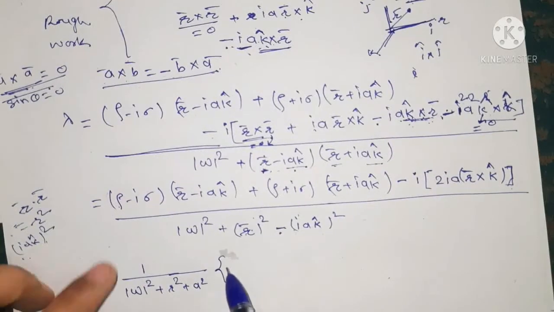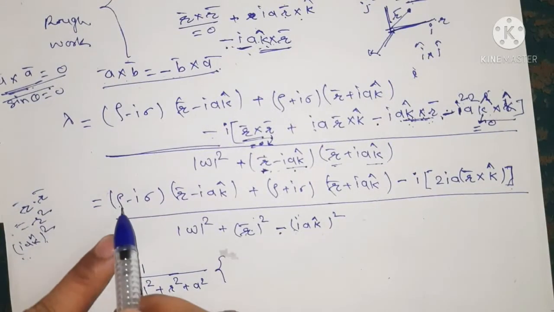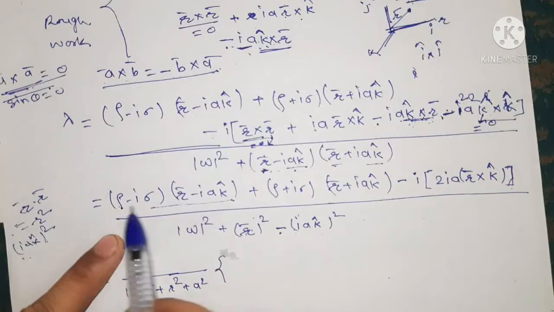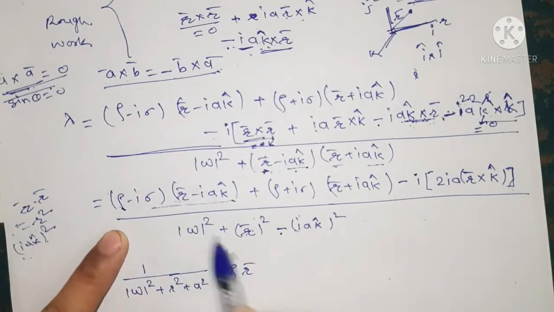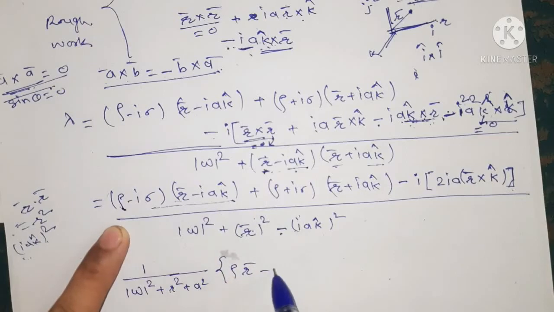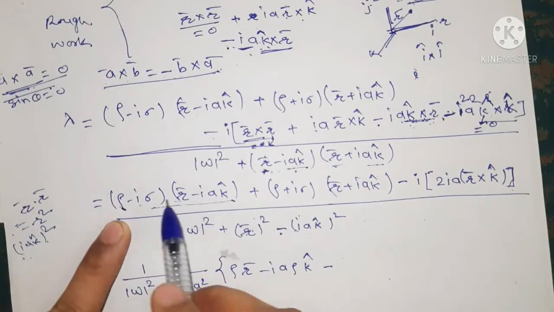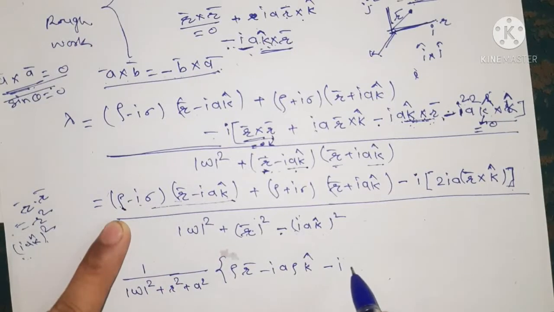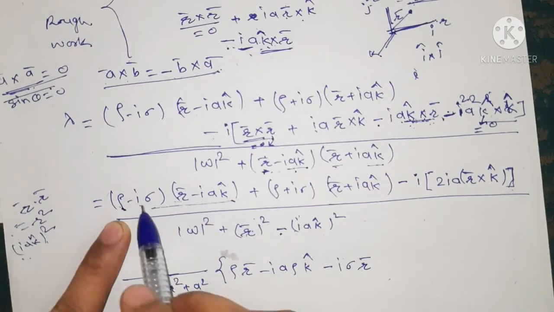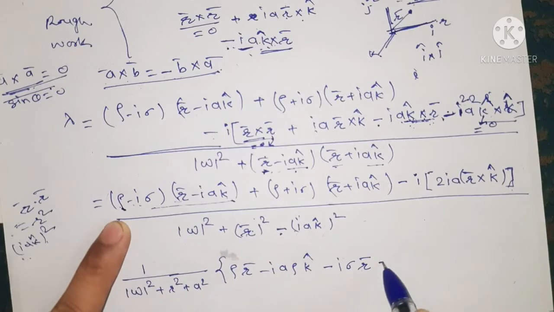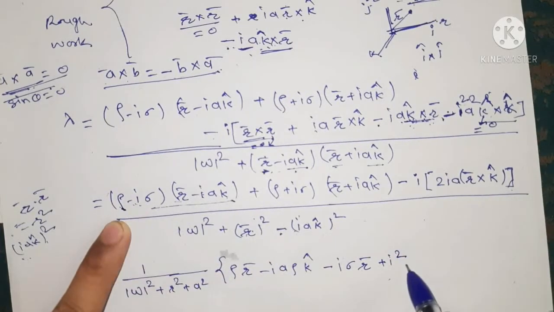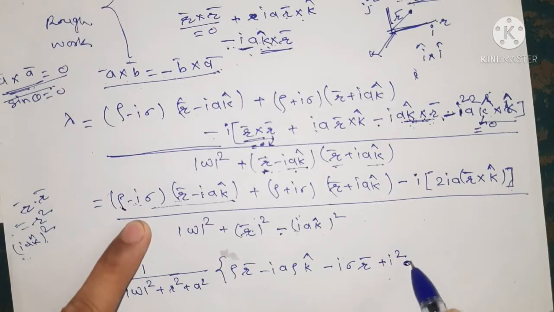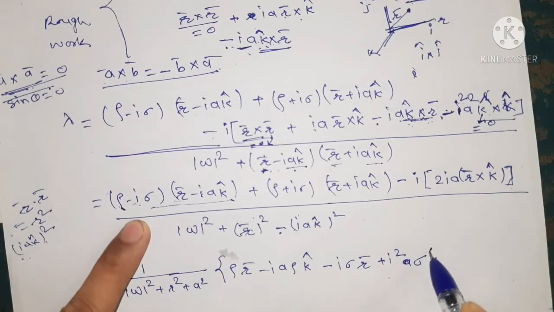So in the bracket, now we can multiply this rho to this bracket also, that is we open the bracket here. So rho into r bar minus rho into minus I a rho into k cap minus I sigma into r bar, minus minus plus here, plus I square, I into I is I square, a sigma into k cap.